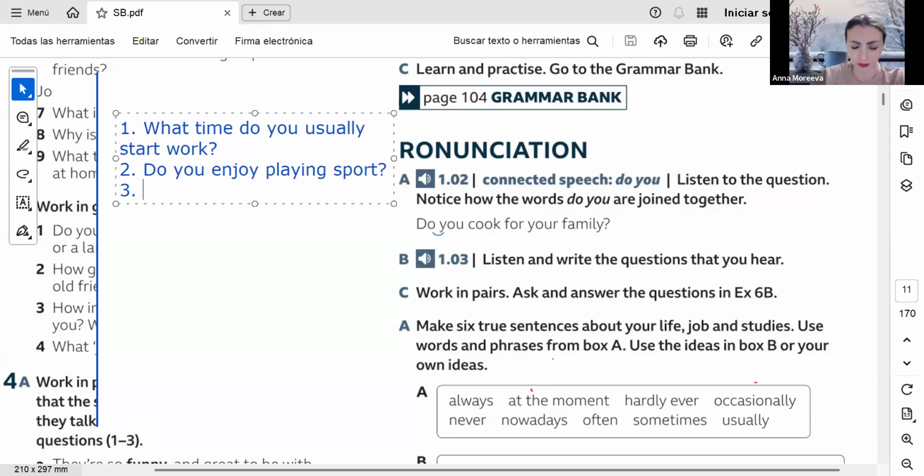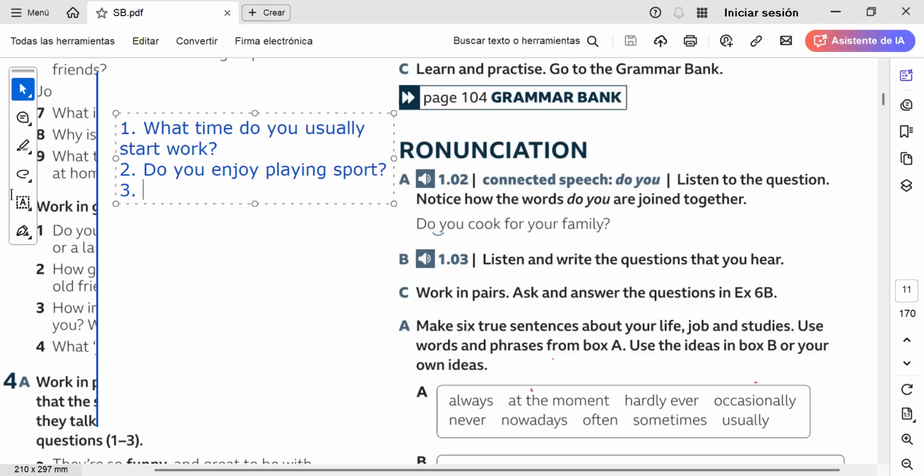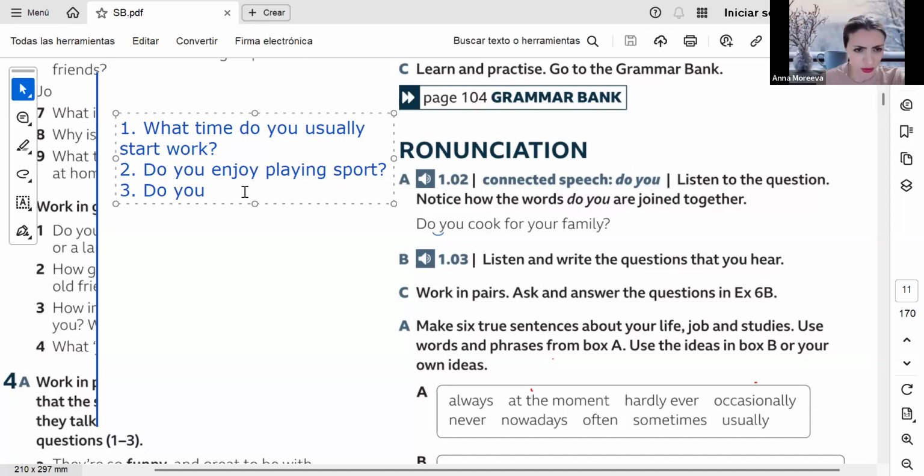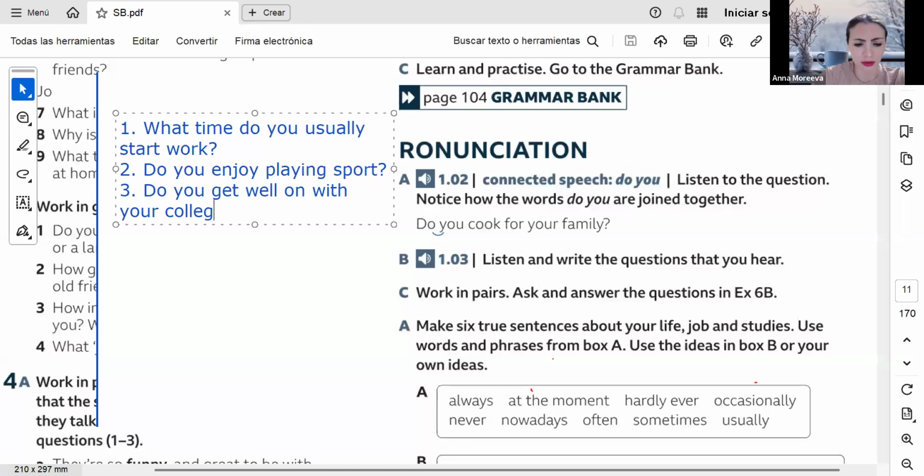Number 3. Do you get on well with your colleagues? Colleagues. Very good. Do you get on well with your colleagues?